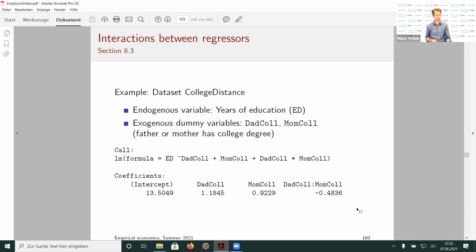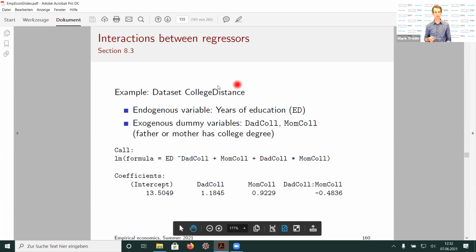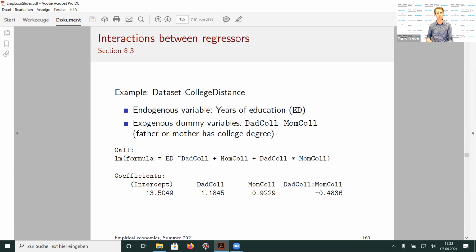Let's look at a numerical example in this case. This data set is taken from the website of the textbook by Stock and Watson. We have an example data set which is called college distance, where we have the years of education of students as the endogenous variable, that's ED, education, and we regress that on two dummy variables.